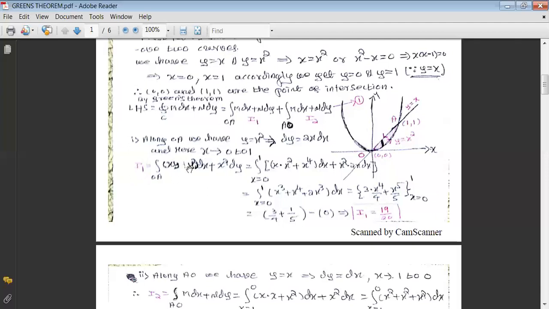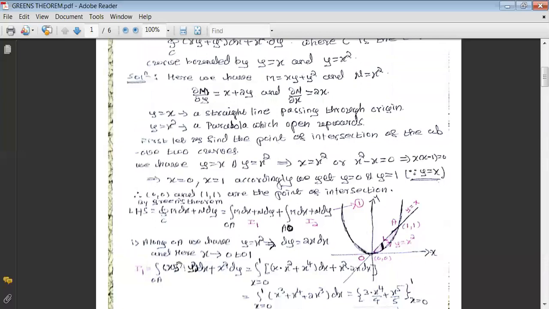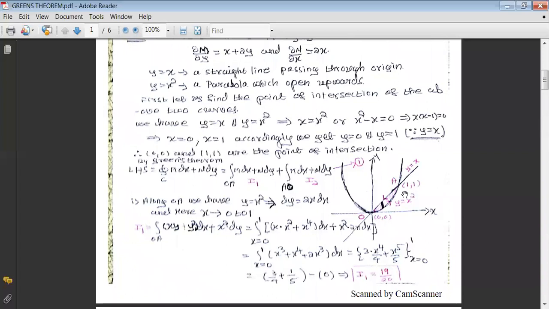Therefore, what is I1? That is the integration over OA of m dx plus n dy, but m we have already written, that is xy plus y square, into dx, plus n, which is x square, into dy. But according to the curve OA, we have y equal to x square.